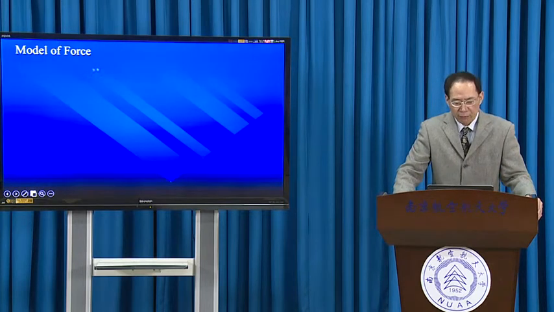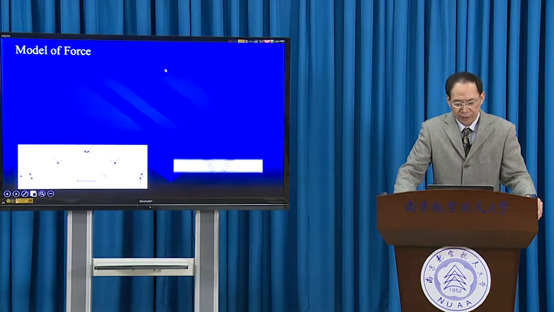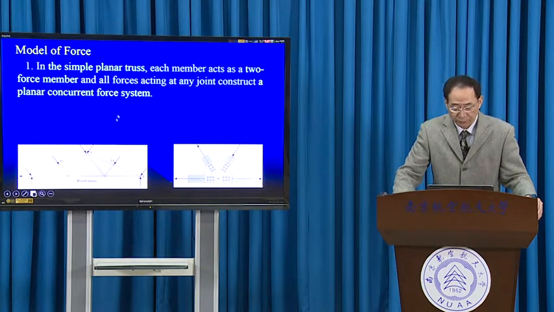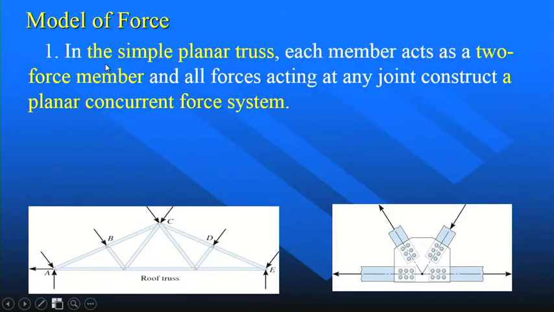Now here's the model of force. Just now we've already discussed for the entire truss. First, we can see at each joint there is a concurrent force system because each member acts as a two-force member.